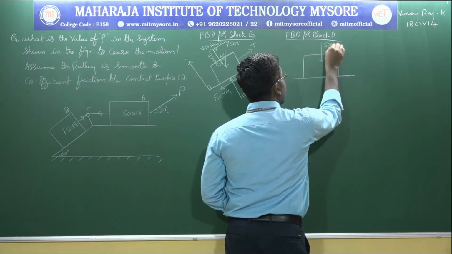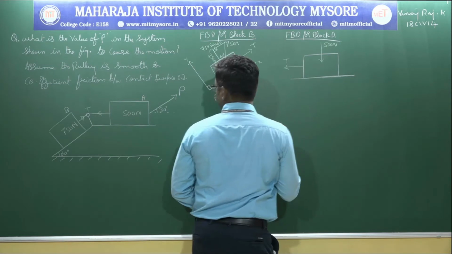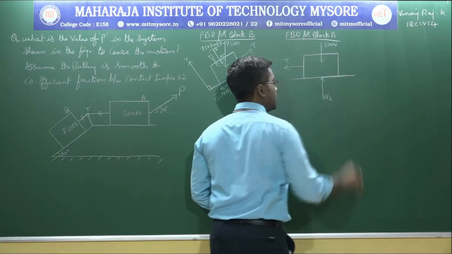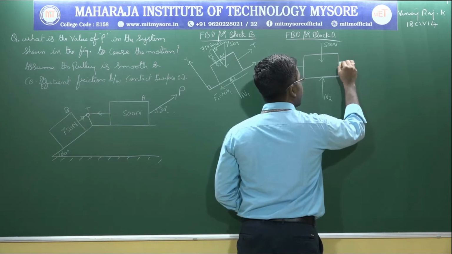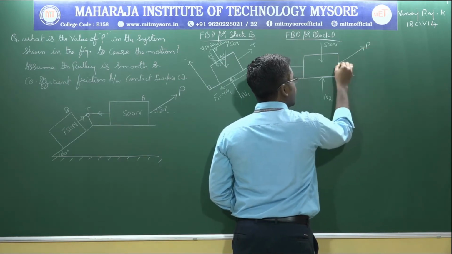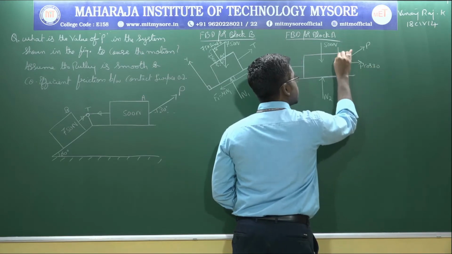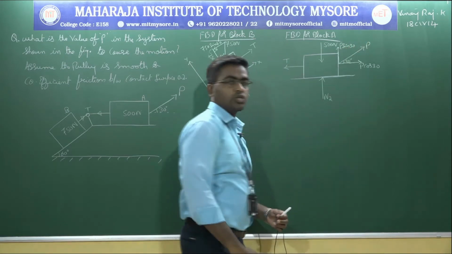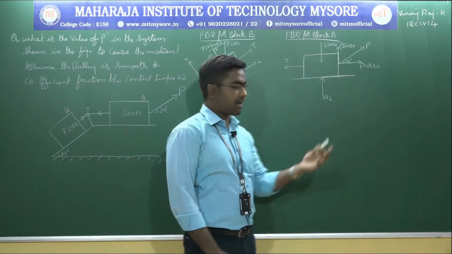And there is tension in the string, so this is T. There will be a normal reaction from the surface, perpendicular, and that is N2. Along with that, this is the applied force, capital P, at 30 degrees with respect to horizontal. If I resolve it, this will be P cos 30 and this will be P sin 30, right? If you apply the force on this block, the block is going to move in the direction of the applied force.